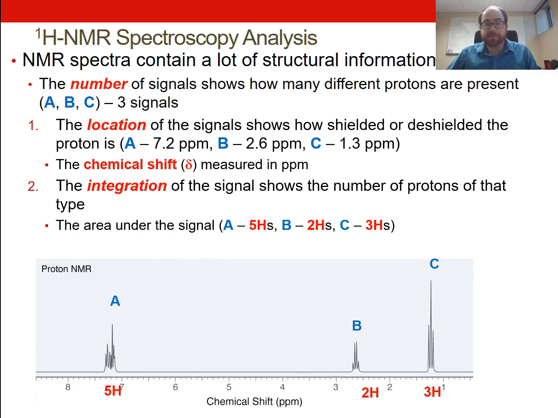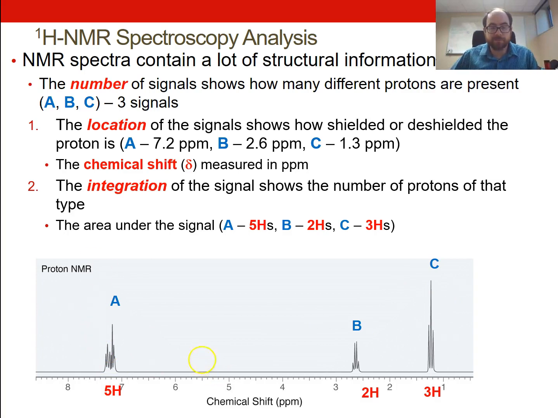Next, we'll take a look at the integration. If we take a look at each individual signal, A, B, and C, by solving the area under each of these individual peaks, it can tell me how many hydrogens are represented by that given signal.